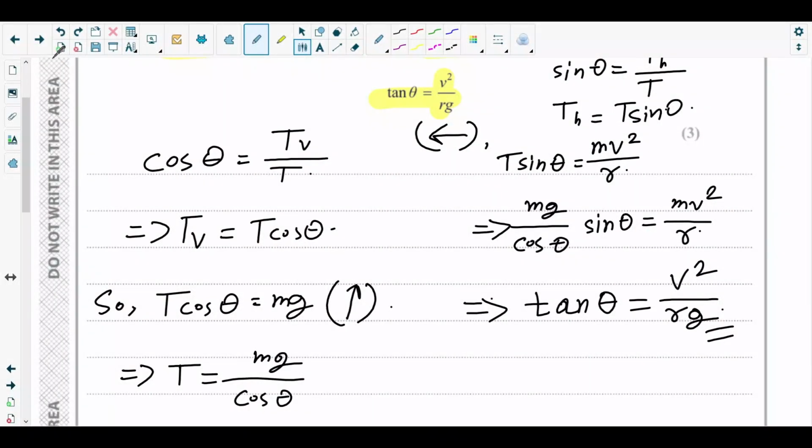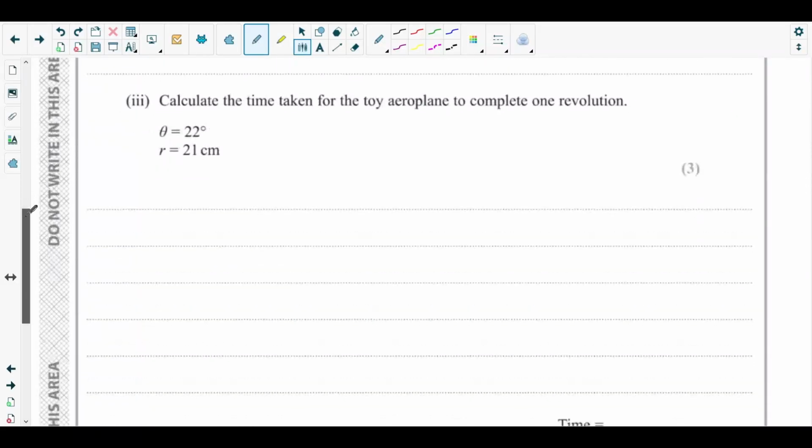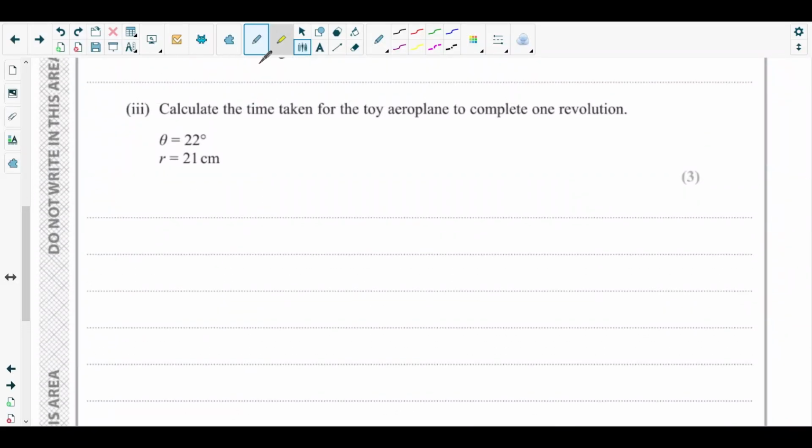Next is part 3 of B. The question is asking to calculate the time taken for the toy airplane to complete one revolution. Theta is given as 22 degrees and r is given as 21 centimeters. In part 2 we showed that tan theta equals v squared over rg.